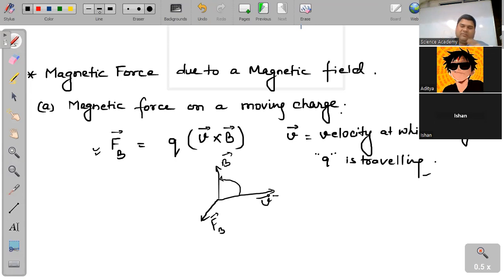Actually, this is also explained through Fleming's left hand rule.